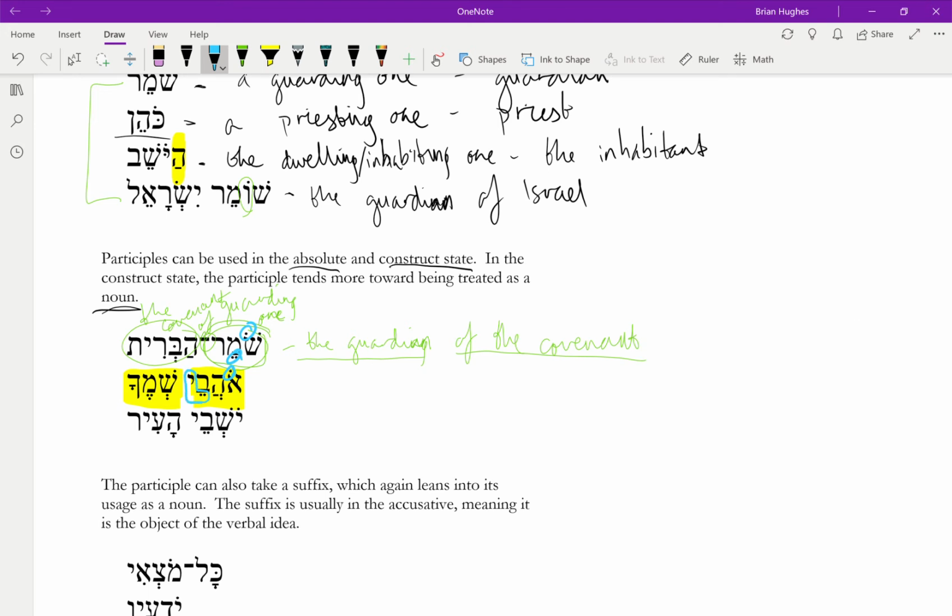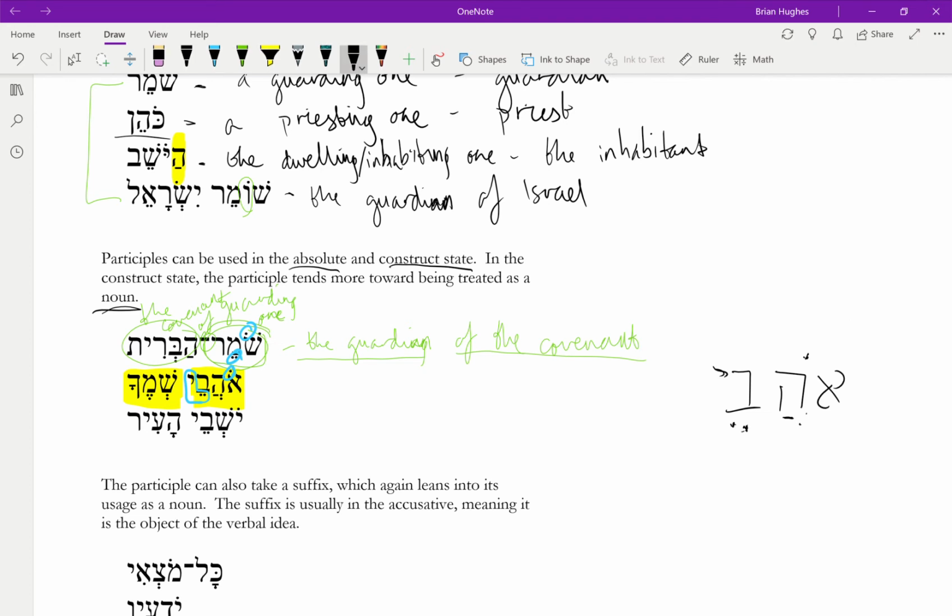Whereas if this were just in the absolute, we would have ochavim, and normally you'd have a shavah here, but because this is a guttural, it doesn't want to take a shavah, especially a vocal shavah, so it becomes chatef patak. So we get ochavim, that put in the construct becomes ochave, right? That's what happens when a masculine plural noun goes in the construct.